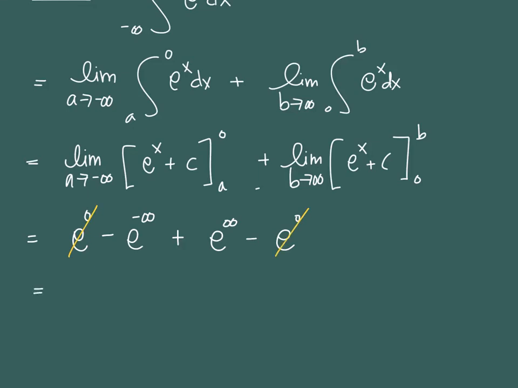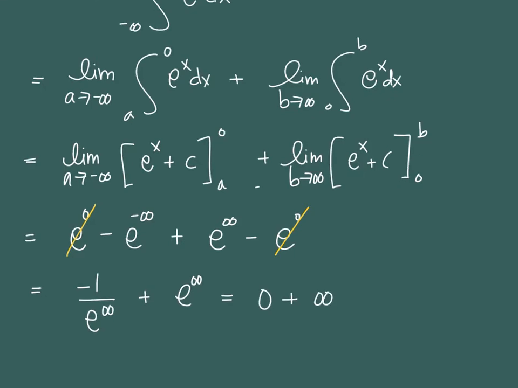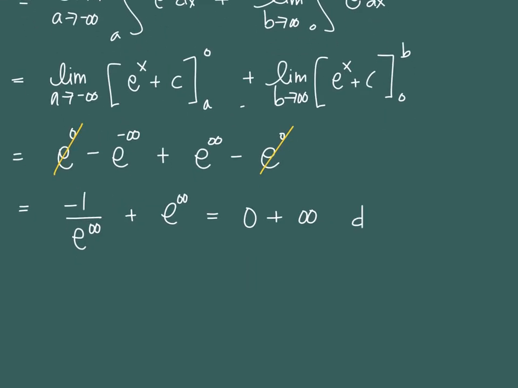What is negative e to the negative infinity? Okay, right, it's negative 1 over e to the positive infinity plus e to the infinity. So we're looking at 0 plus infinity, which diverges. Which our gut kind of told us because one end of the graph was asymptotic and the other end of the graph was not.